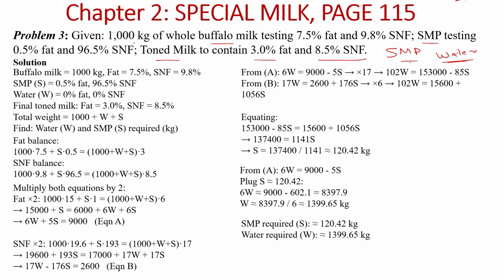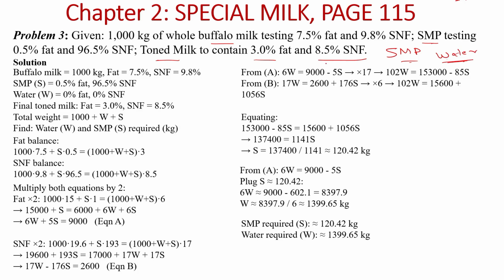We are given 1000 kg of whole buffalo milk containing 7.5% fat and 9.8% SNF, and SMP with 0.5% fat and 96.5% SNF. We have to calculate how much SMP and water is required.